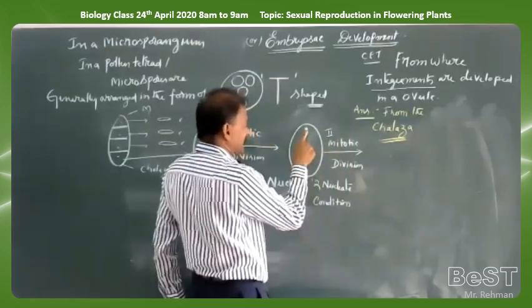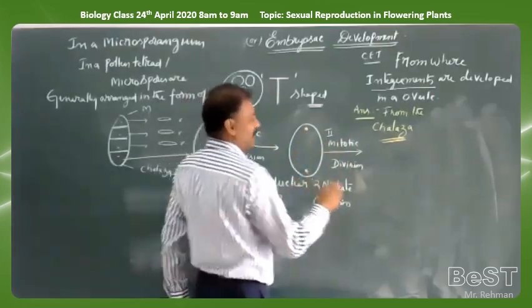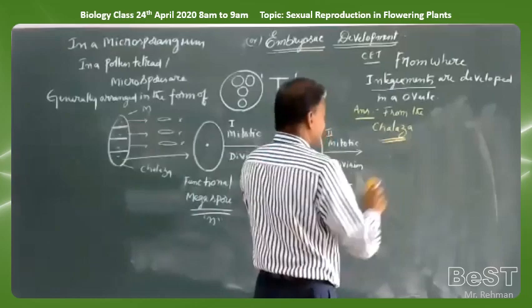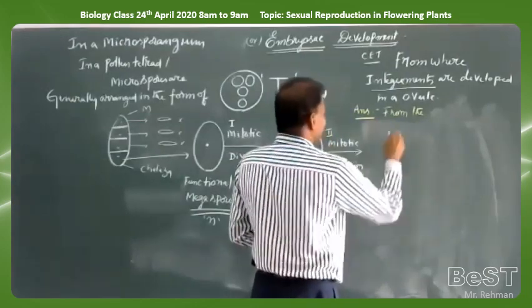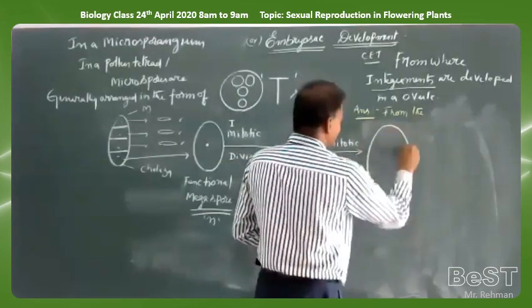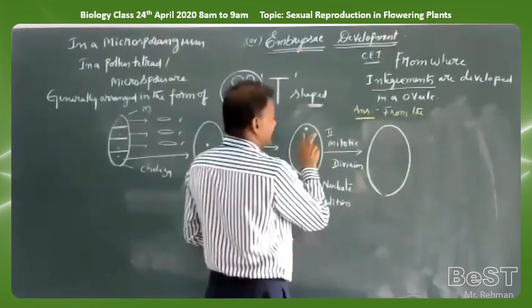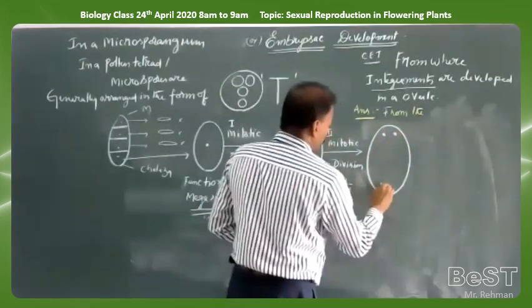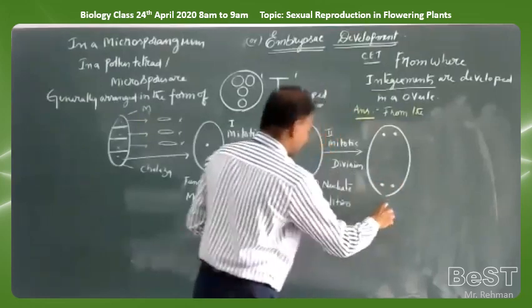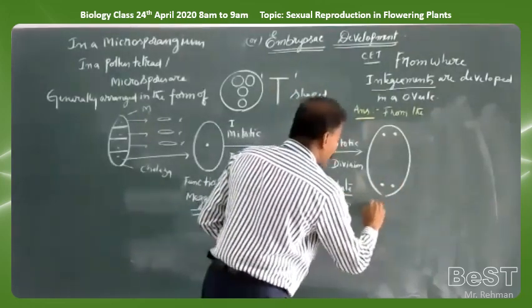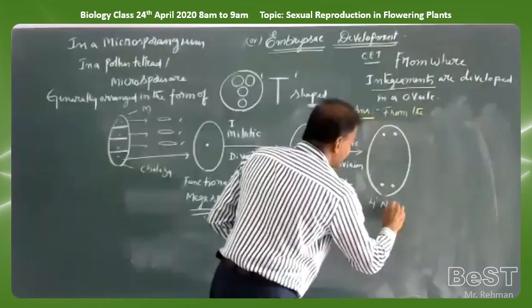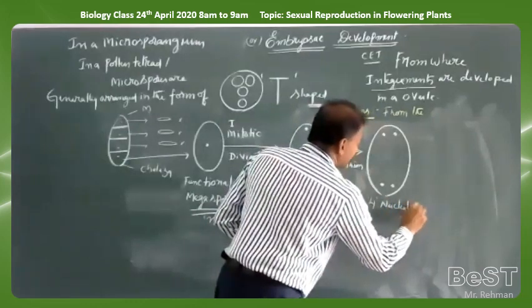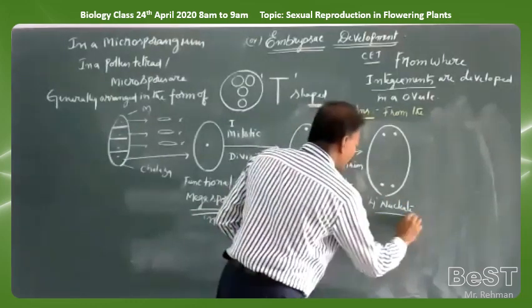Immediately, this one will divide, and this one will also divide, each into two. So this is called the four nucleate condition or four nucleate stage.